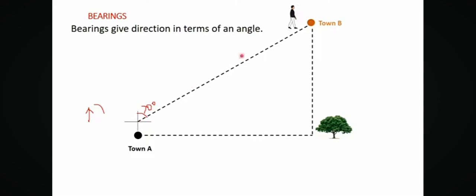Because here we are giving the bearing of Town B from Town A, this 70 degrees here, which we are just assuming, is referred to as the bearing of Town B from Town A. So bearings give directions in terms of angles.